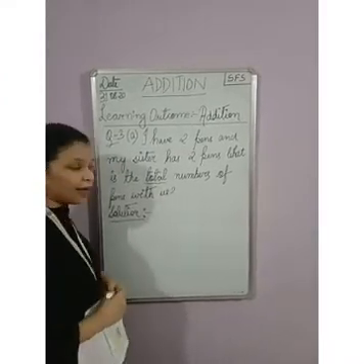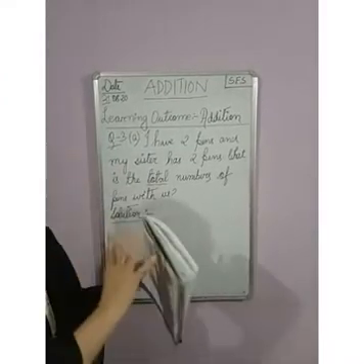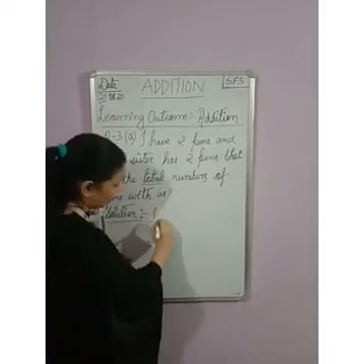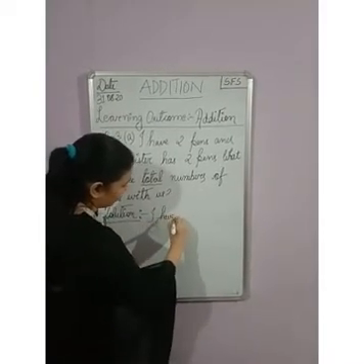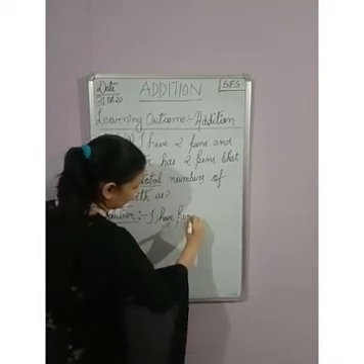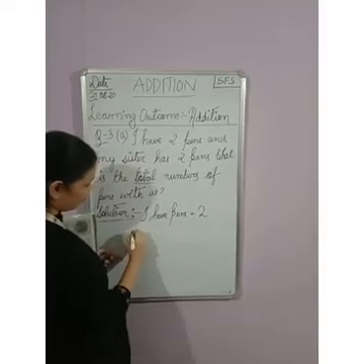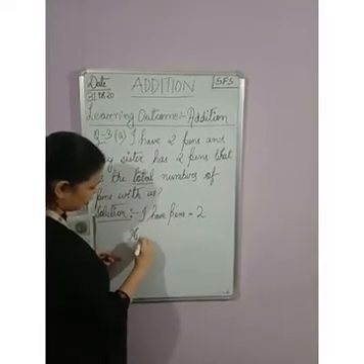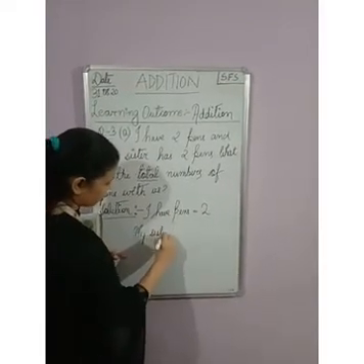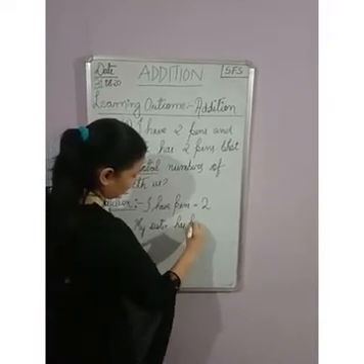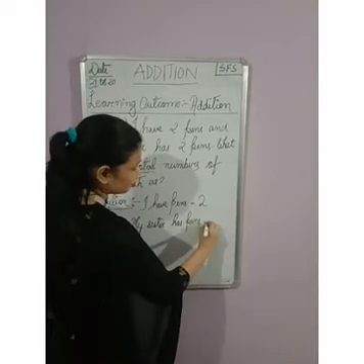Now I will write a statement. Statement, it is an introduction of what is given in the question. So I will write, I have pens equal to how much? 2. My sister has pens equal to 2.